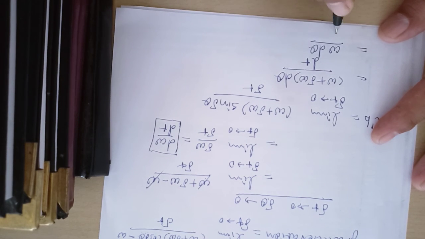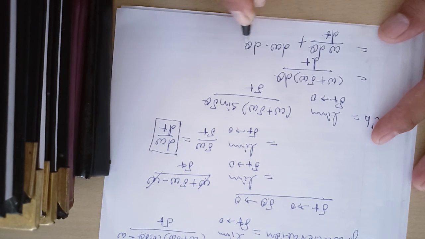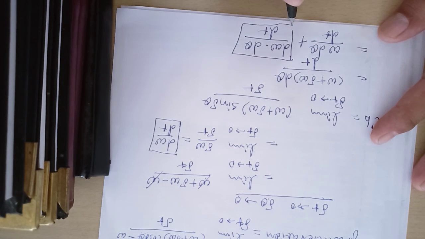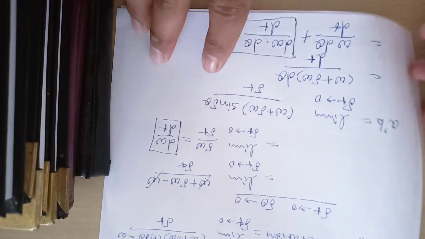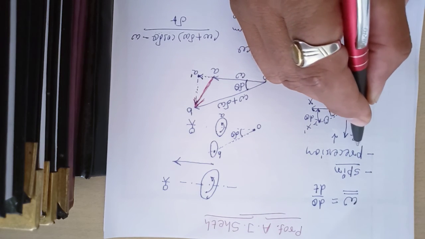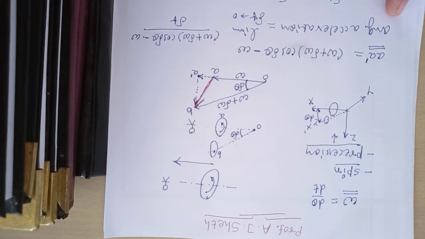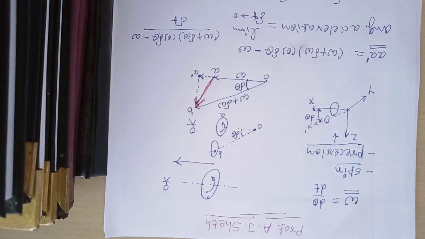So it is equal to omega d theta by dt plus d omega d theta by dt. Now this is a very small quantity, so one can neglect it, but this we cannot neglect. It is the multiplication of the angular velocity of the rotating disk and d theta by dt, which is called the angular velocity of precession, and it is the birthplace of gyroscopic couple.